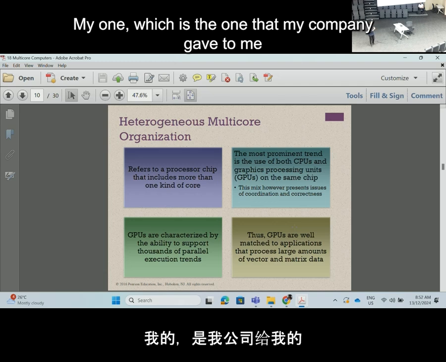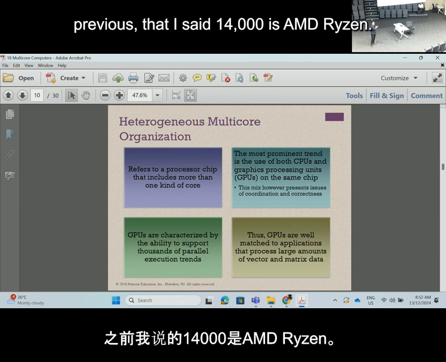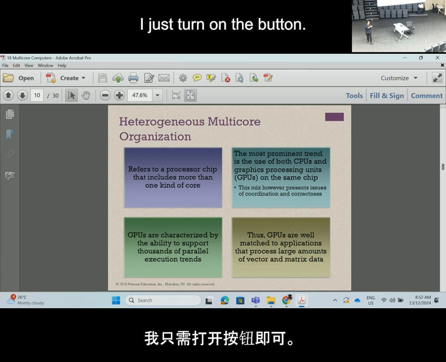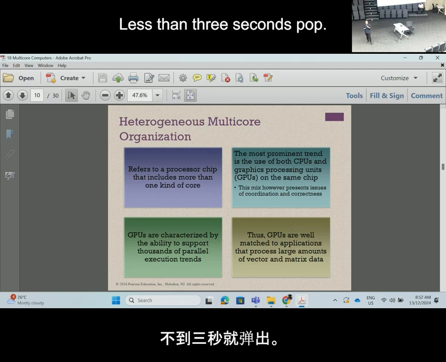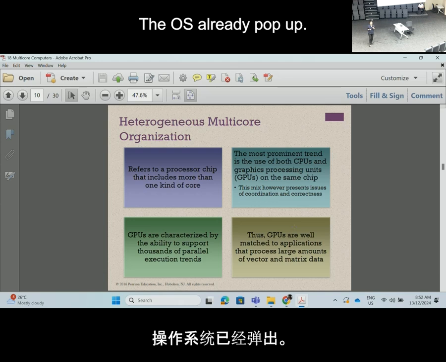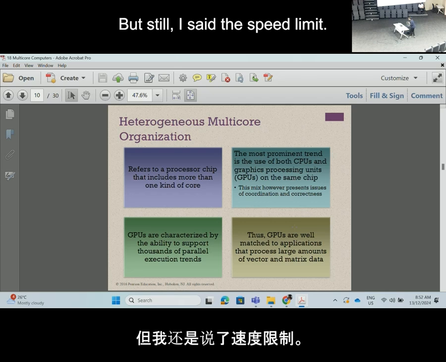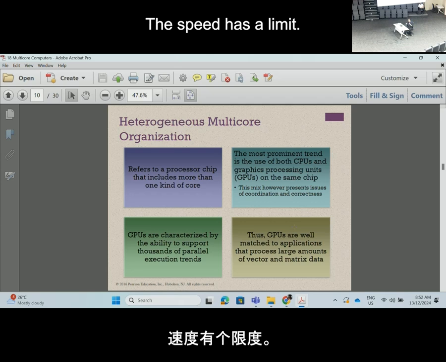The one that my company previously gave me, which I said 14,000, is an AMD Ryzen. That one, I just press the button to turn on. Less than 3 seconds, pop. The OS already pops up. So fast, you know. But still, I said the speed has a limit.